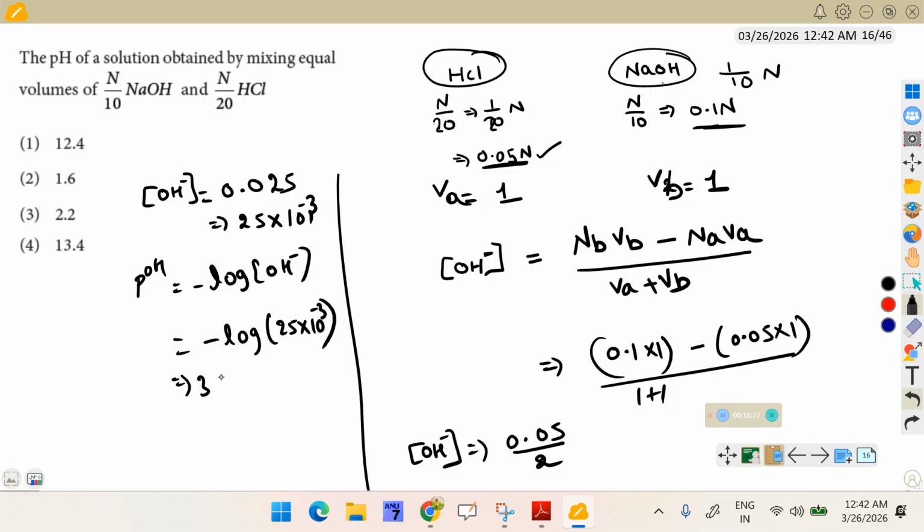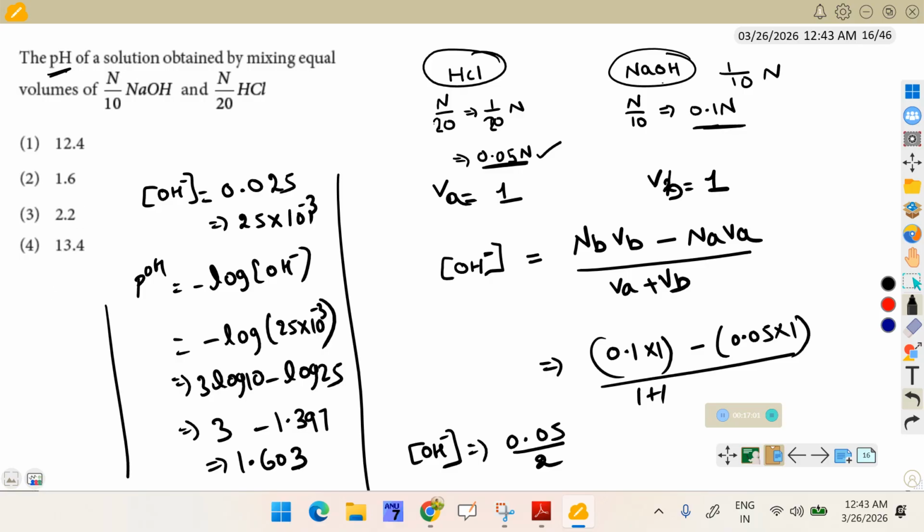Simplify: 3 log 10 minus log 25. 3 minus log 25, which is also written as log 5 square, 2 log 5. Log 5 value is 0.6990. 2 into 0.6990, you will get 1.397. Now 3 minus 1.397 is 1.603.